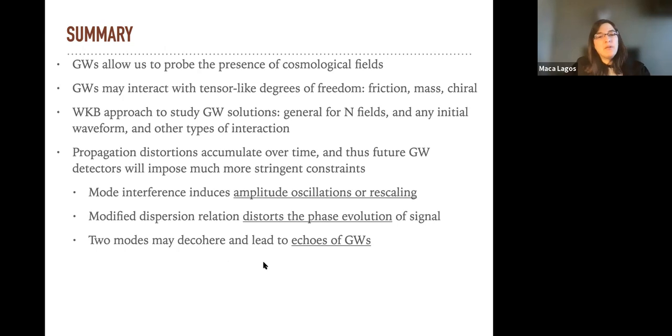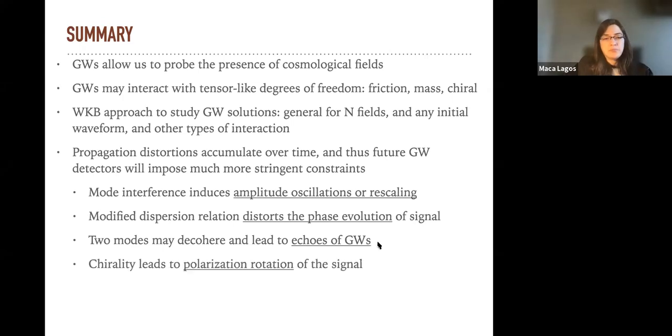This does not always happen. That will depend on what's the particular mixing between the gravitational waves and the additional tensor field. But in the massive bigravity case that I showed you, that does happen.